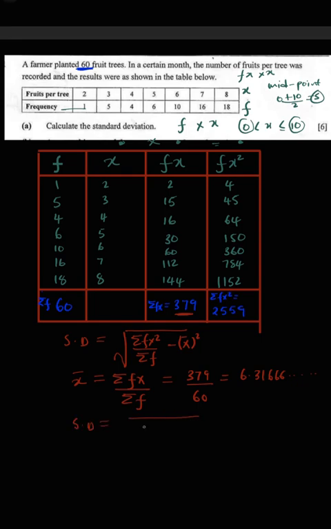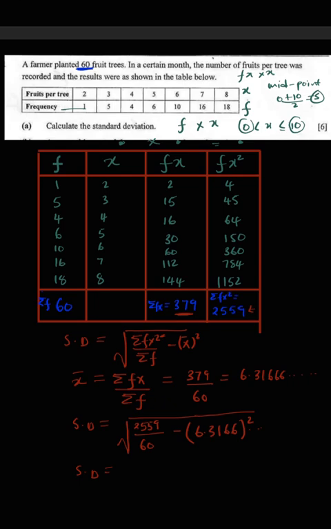So SD is equal to, summation of fx squared, this one here, we know is this value here. So 2559 divided by 60, which is summation of f, minus this value. So you plug it in the exact way you see it on a calculator, because we're not yet done. This should be squared. You can start with any part as long as you find the final answer.